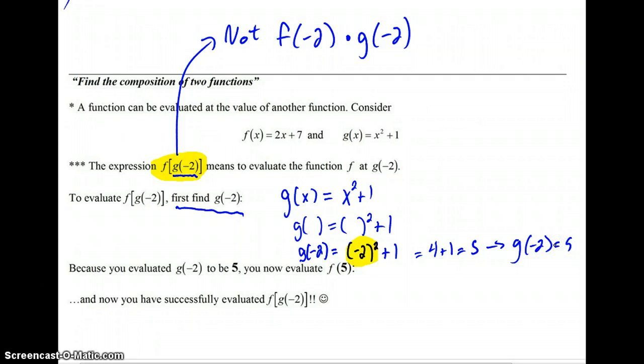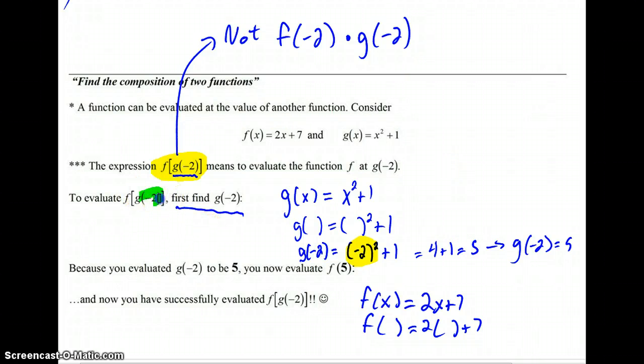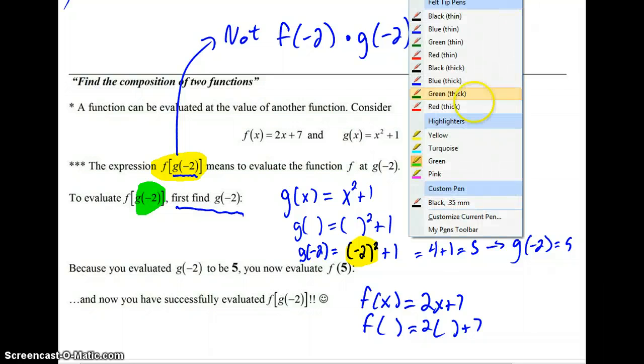So where does that lead us to? Well, now we're going to evaluate f of 5. So let's look at f of x. F of x was 2x plus 7. We can do the same thing. F of a blank is equal to 2 blank plus 7. We're saying, look, inside of f, we saw right up in here, inside of f is g of negative 2.